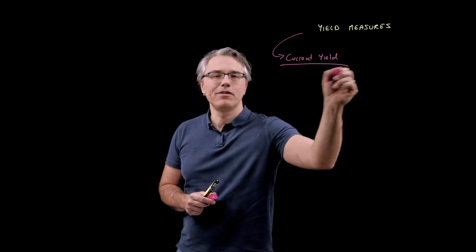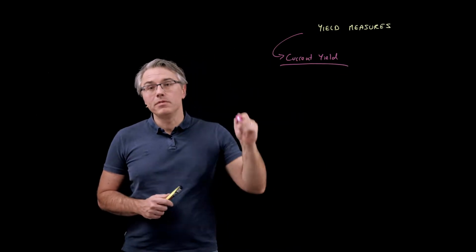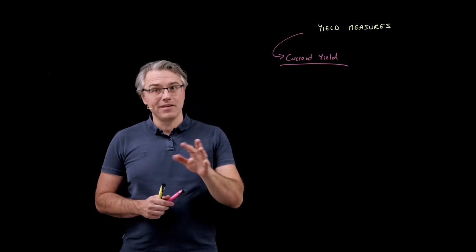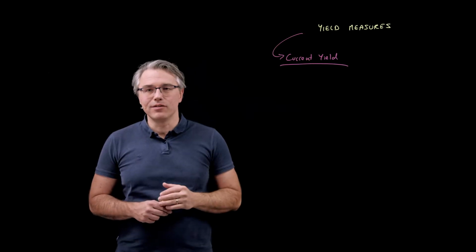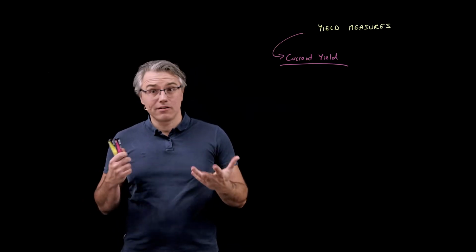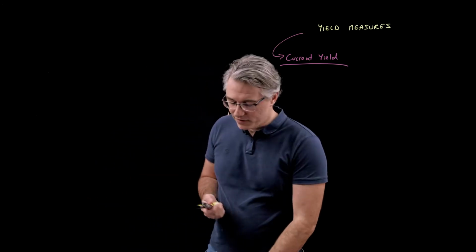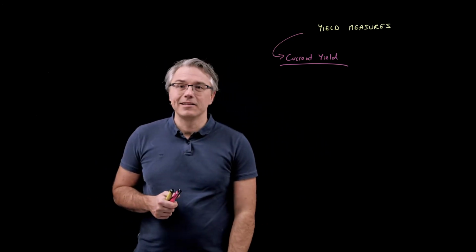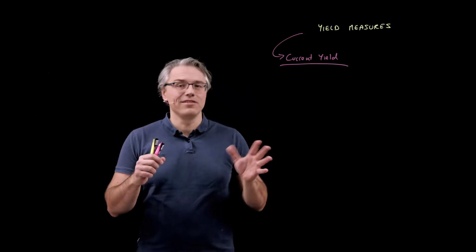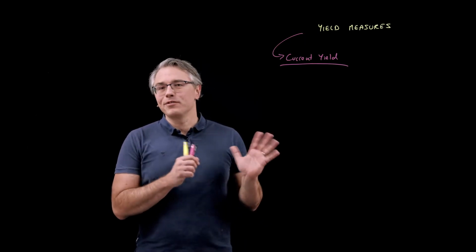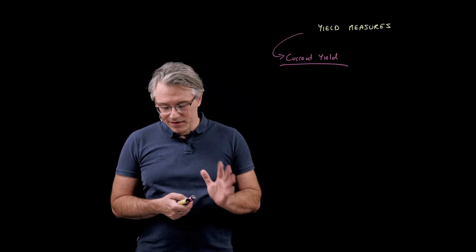But please be aware of the fact that there will be more on these yield measures in subsequent sections of the curriculum as well. They will be expanded on. So here it's just a very brief look. For some reason, the authors of the curriculum decided to already put some knowledge about this at this very early stage.